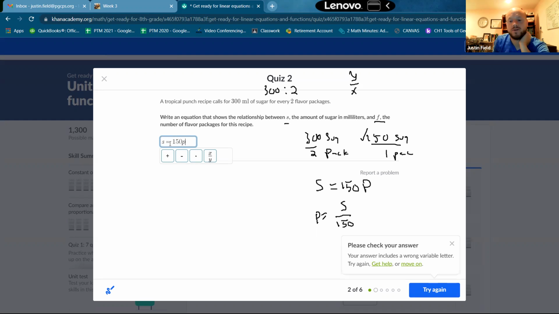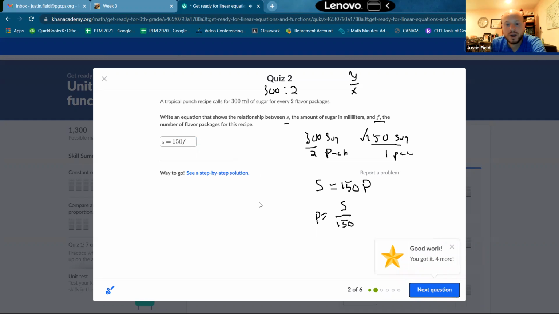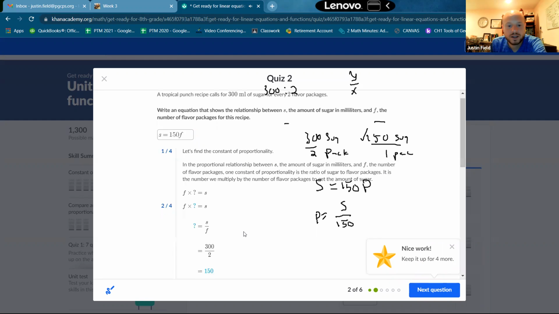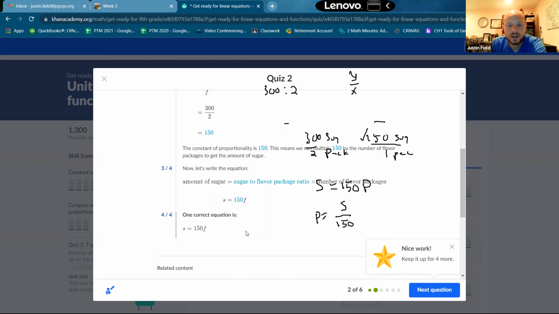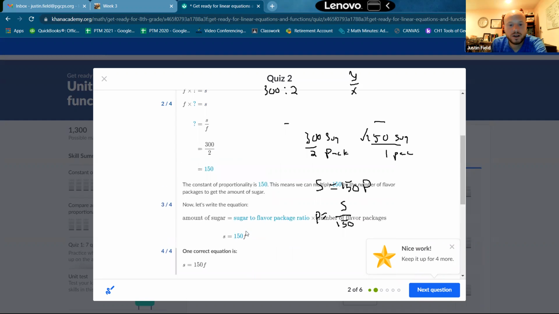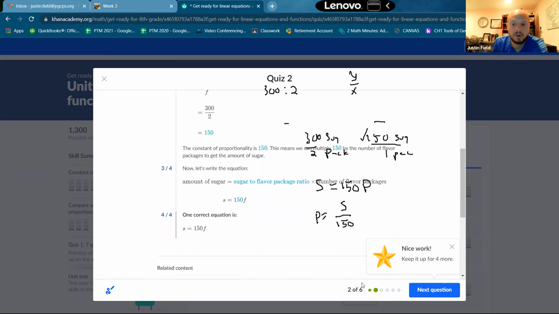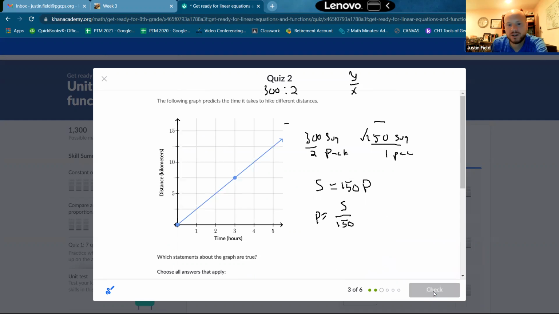I wonder if it would take either one, or maybe it won't take any of them. Oh, it says F. There we go. It would have been wrong if I took the other one. All right, there you go. But really, they're both correct. They're just different ways of saying the same thing.